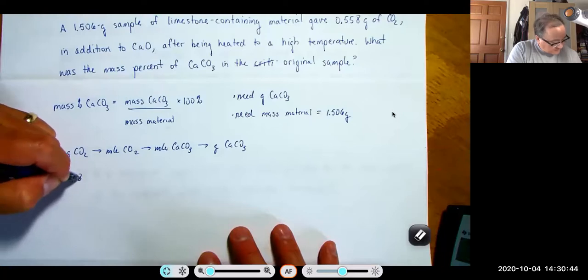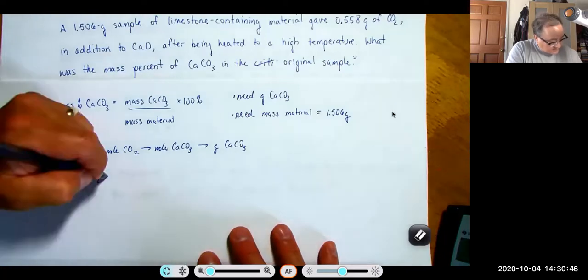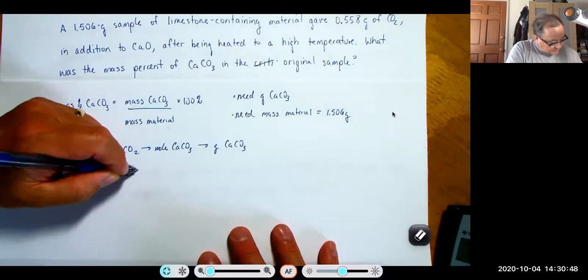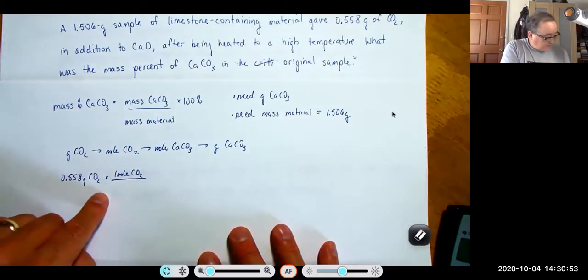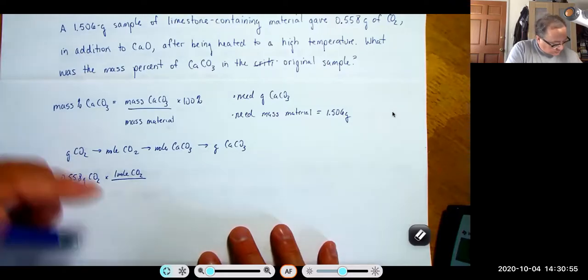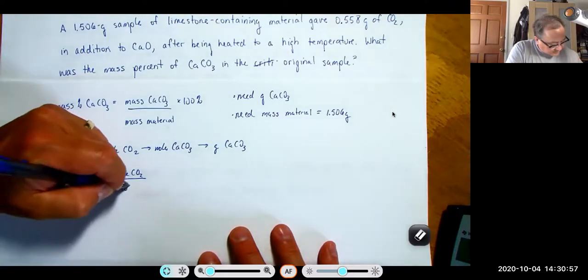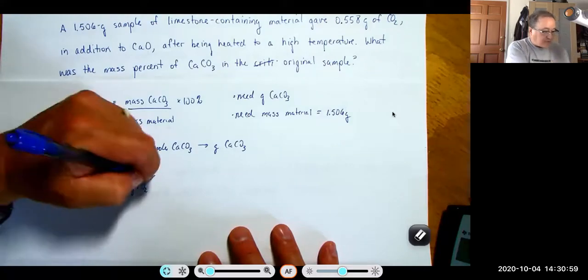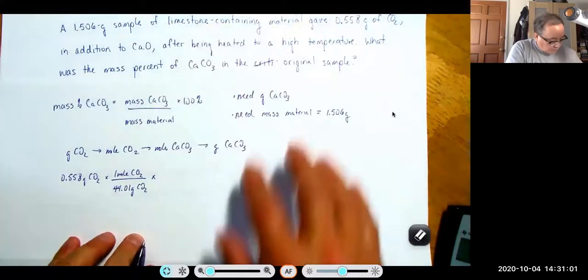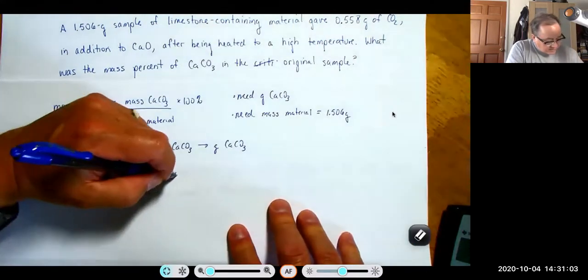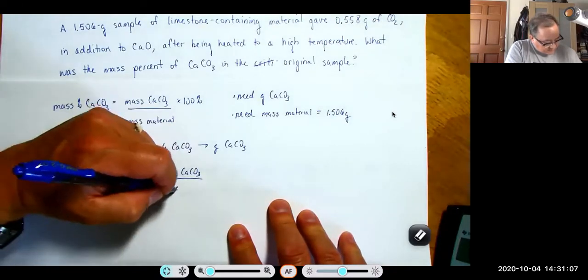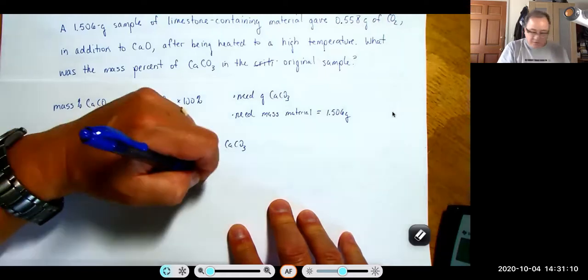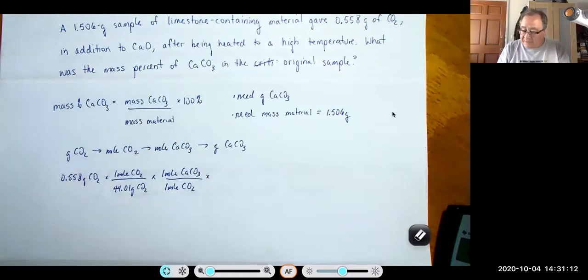So let's go through this pretty quickly. 0.558 grams of CO2 times 1 mole of CO2 to 44.01 grams of CO2 times, according to the balanced reaction, 1 mole of calcium carbonate to 1 mole of CO2. And then the molar mass of calcium carbonate, we're going to have to figure out.